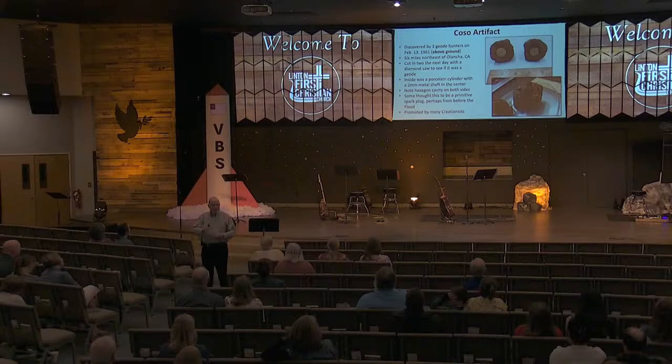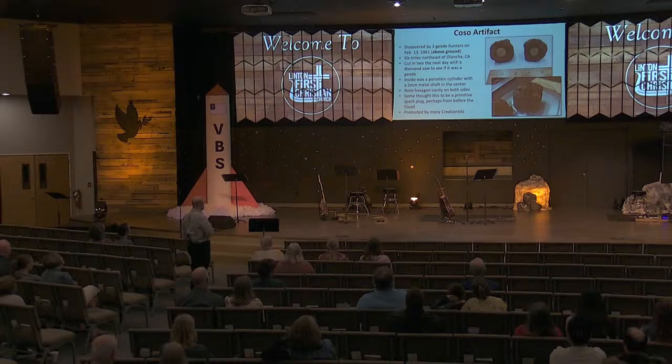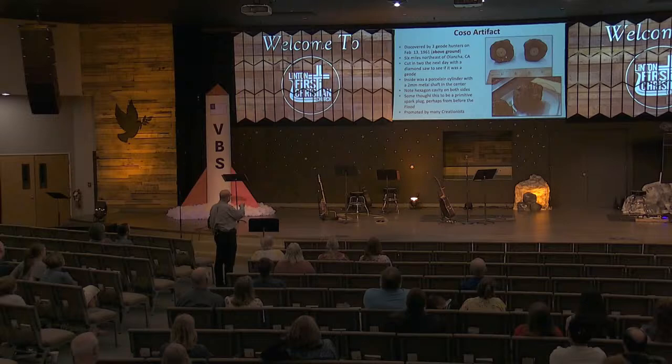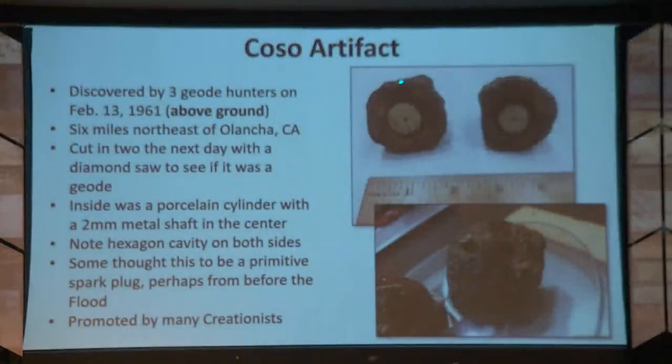Geodes are very sparkly and glittery inside. And he cut it in 2, and he was very surprised to see a porcelain type material with a 2mm metal shaft down the middle. Very interesting. Also, it's hard to see in this picture, but there was a hexagon-shaped cavity around that, right where he happened to cut it.